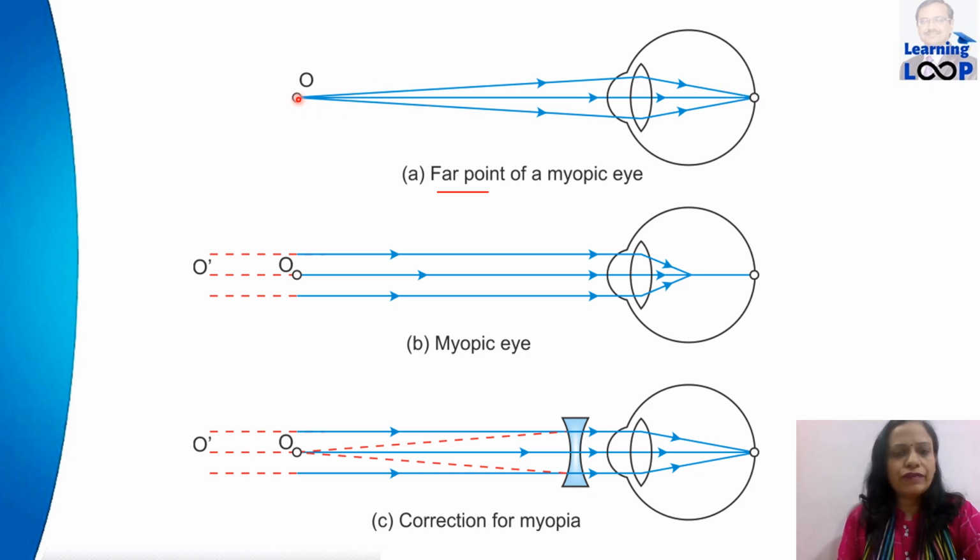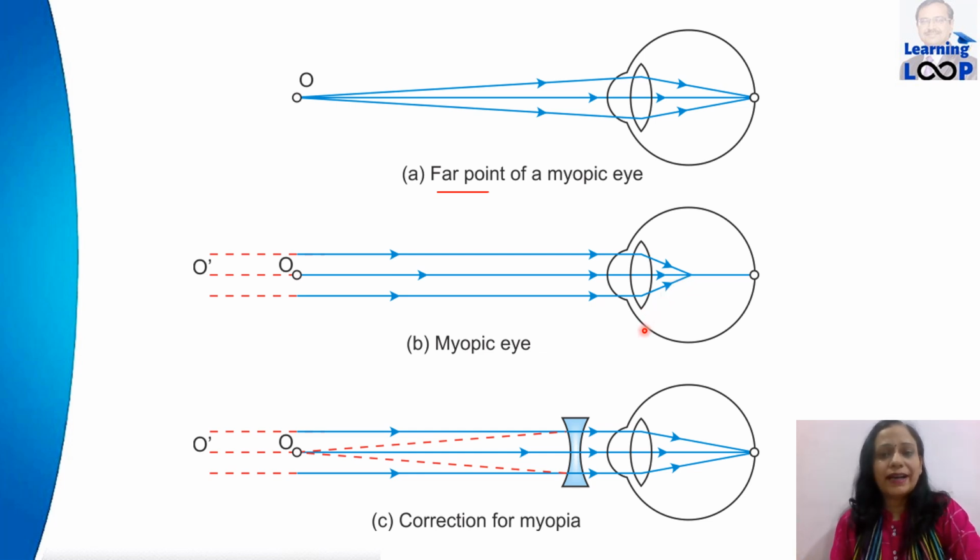But if you shift the object away from this point, that means now you bring the object to O dash, you can see the change. The image has now shifted to in front of the retina. These rays are now converging somewhere in front of the retina, and that is why we say the person is now suffering from myopia. And because the image is not being formed on the retina, obviously it will become blurred and the person will not be able to see clearly.